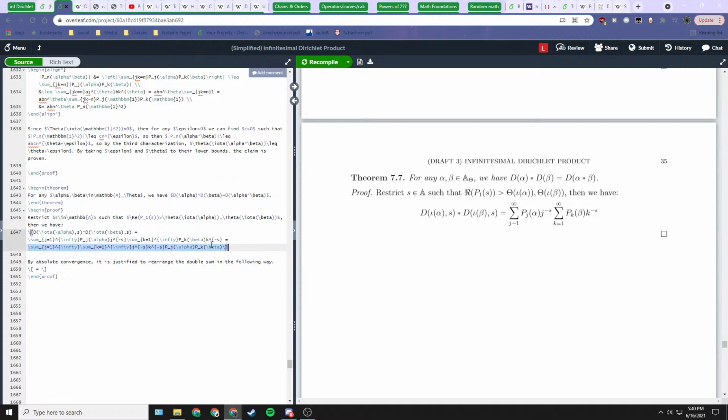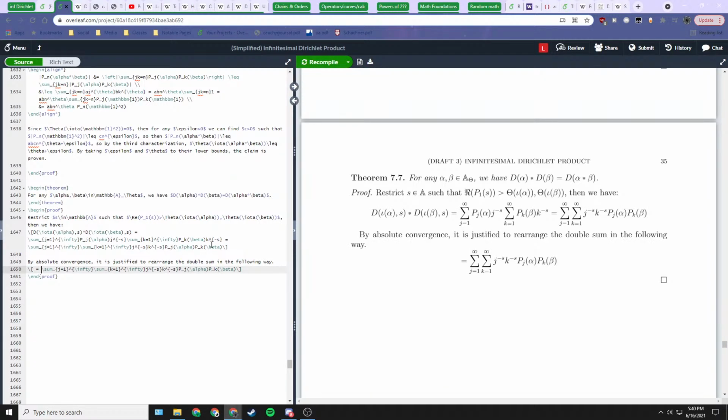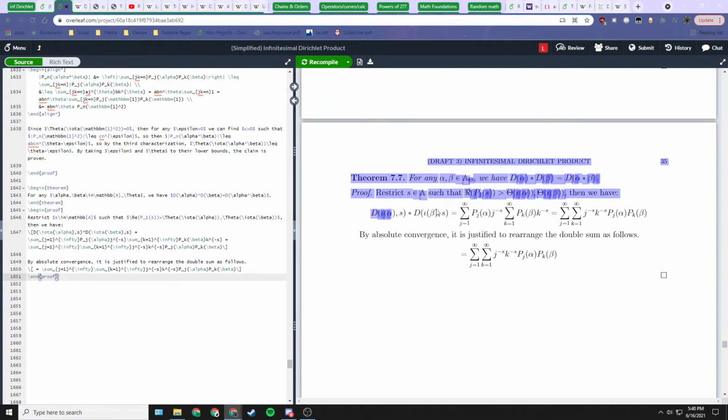So what we're going to do here is we're going to do a partition. Okay, so we have this whole thing, we end up at this sort of mess.